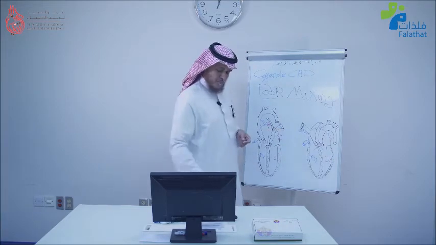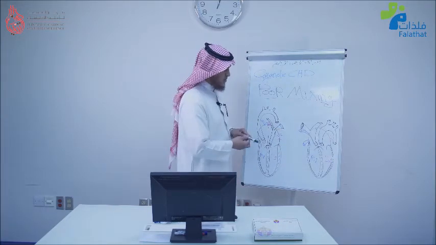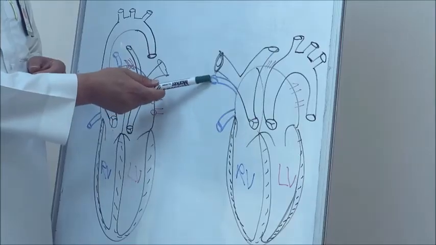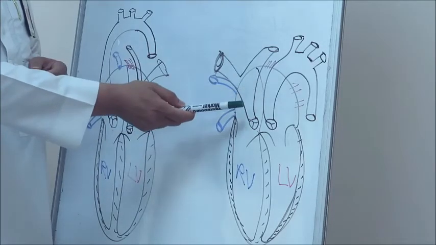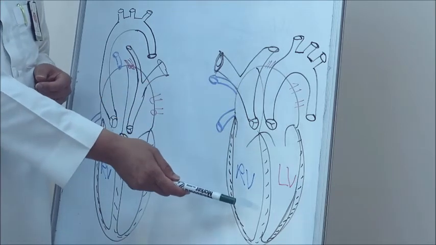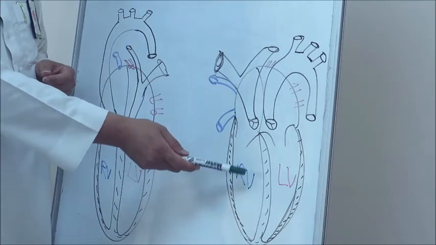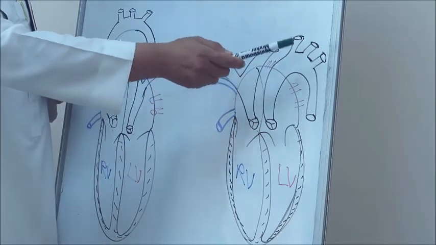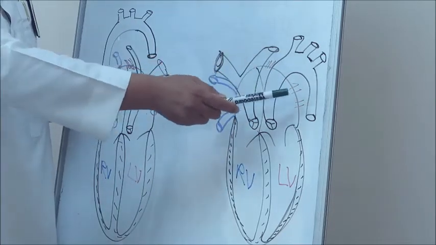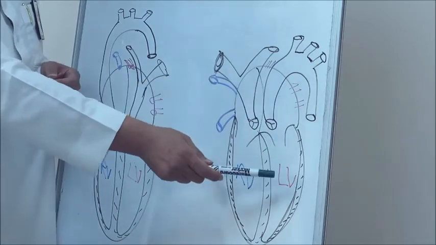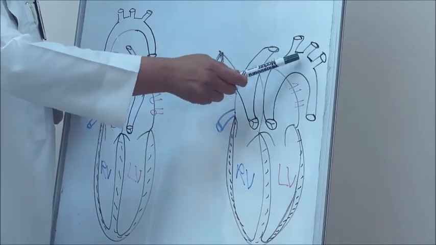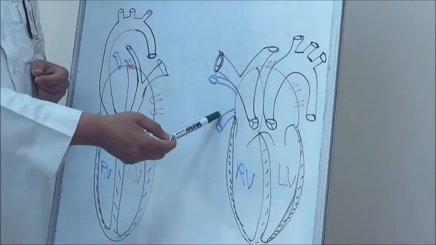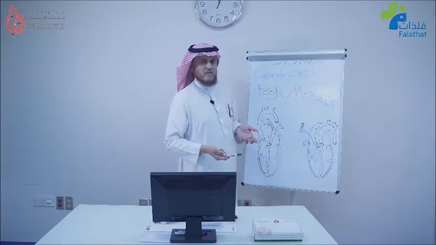If we start with the venous blood flow from the inferior vena cava and the superior vena cava, when it reaches the right atrium, it gets directed to the right ventricle, from the right ventricle to the pulmonary artery, from the pulmonary artery to the lungs, to the pulmonary veins, from the pulmonary veins to the left atrium, to the left ventricle, to the aorta, to the descending aorta, back to the body, and then back as a venous return to the IVC and superior vena cava.